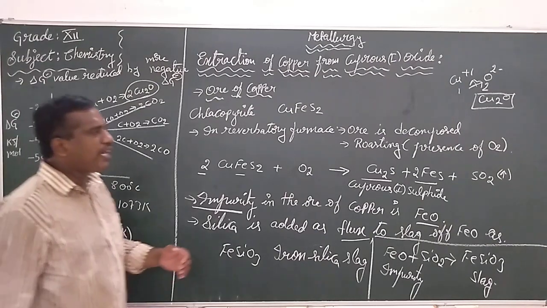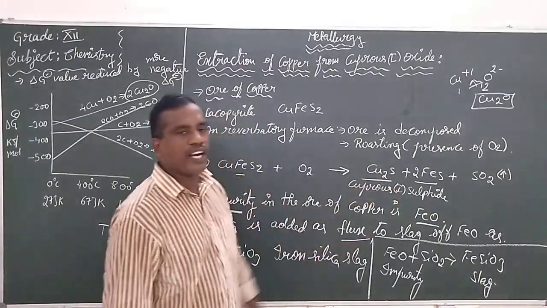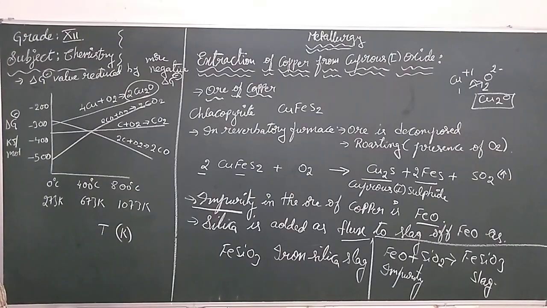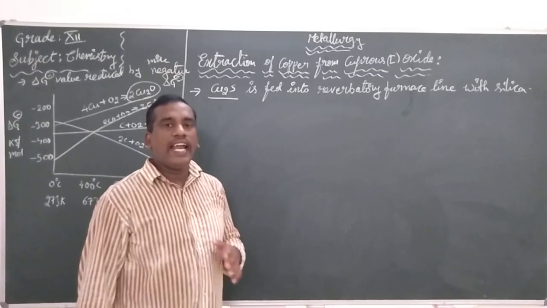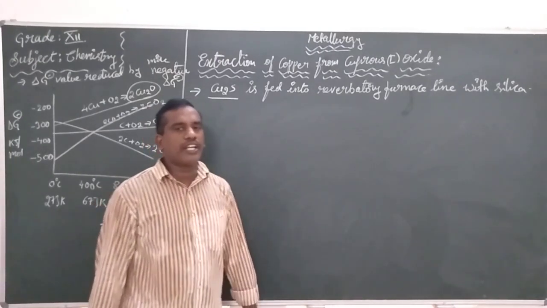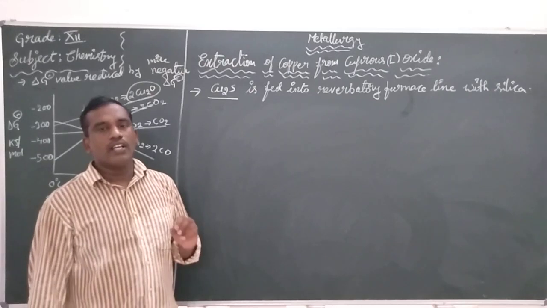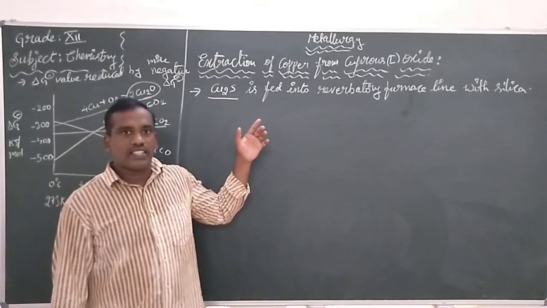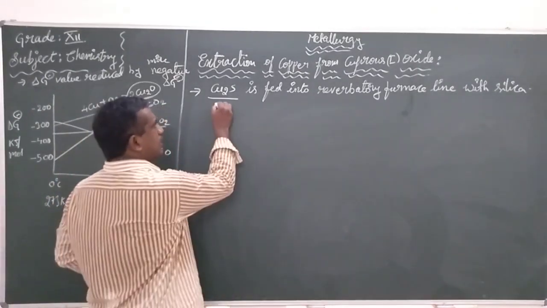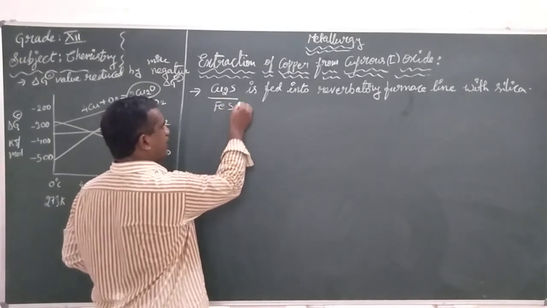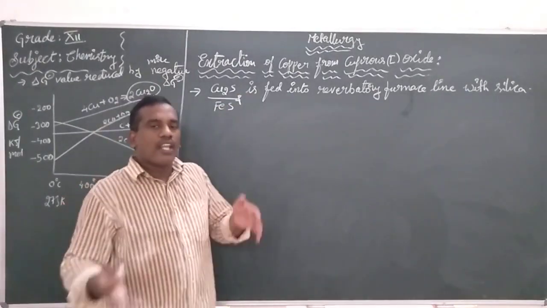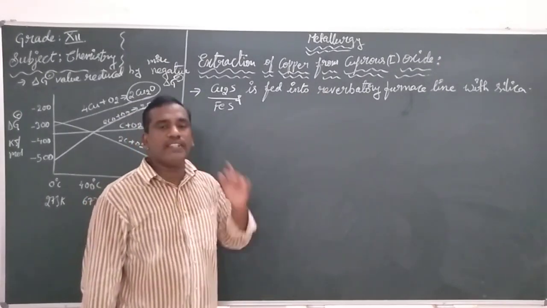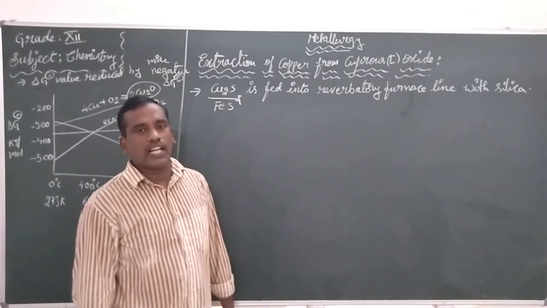So let us continue in converting the cuprous sulfide into cuprous oxide. We had observed in the previous decomposition reaction of the copper pyrite that it forms Cu2S and FeS. Now the Cu2S along with the FeS, these both are fed into a reverberatory furnace that is lined with silica.